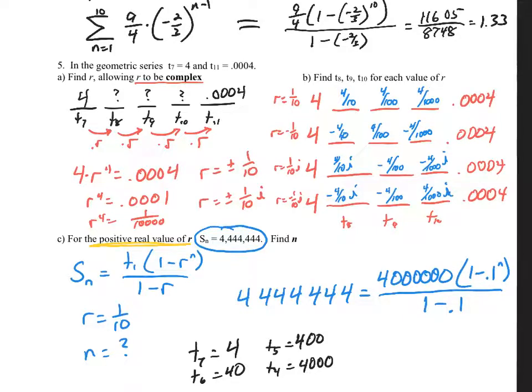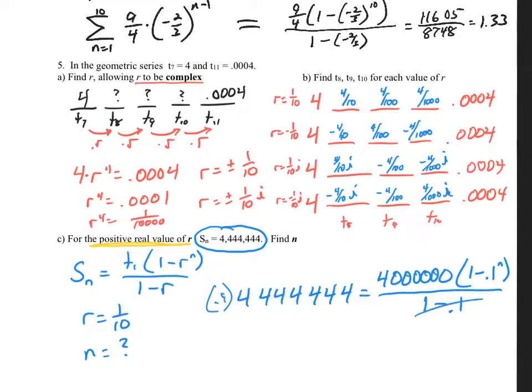Let me erase this stuff here. We don't need this anymore. So we just have to solve this. And 1 minus 0.1 is 0.9. So we're going to times this by 0.9. That gets rid of that. And then we would divide by 4 million. And you get a bunch of 9s here. 7 9s. We're going to minus 1.